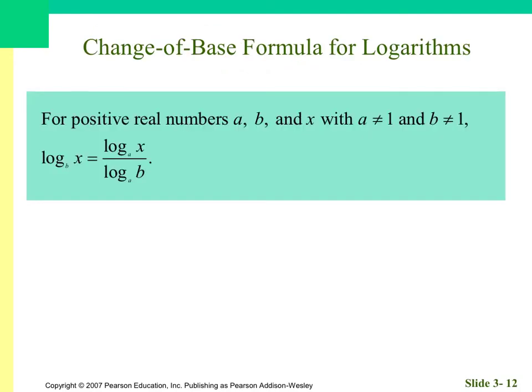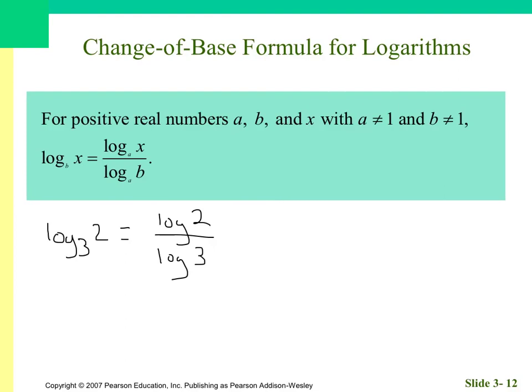For positive real numbers a, b, and x, with a not equal to 1 and b not equal to 1. Okay, so this is changing the base. So watch. If I have log base 3 of 2, what that's telling you is that's equal to log of 2 divided by the log of 3.